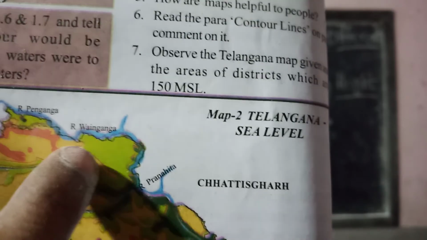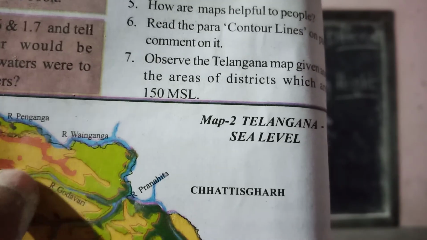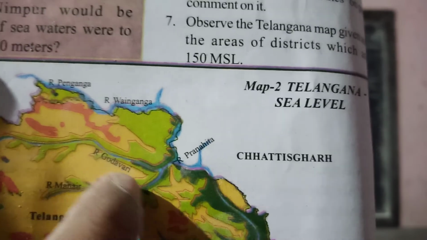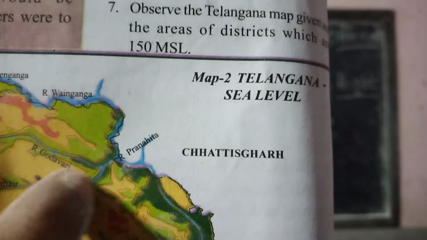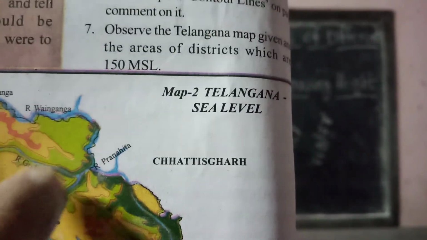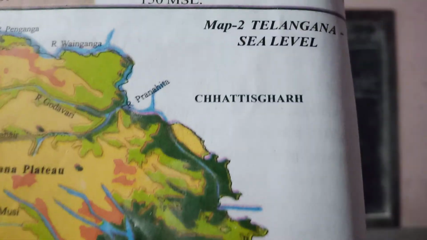After that the area will change. After it is filled with water, the land is submerged in the water, and the place will change. Clear? It will become blue. Godavari, Krishna, all the things.